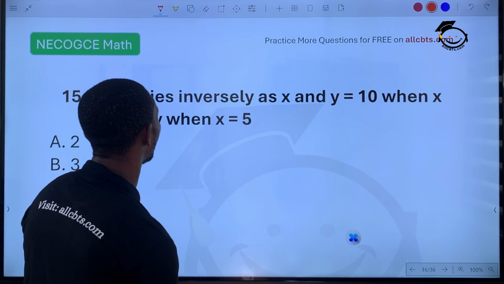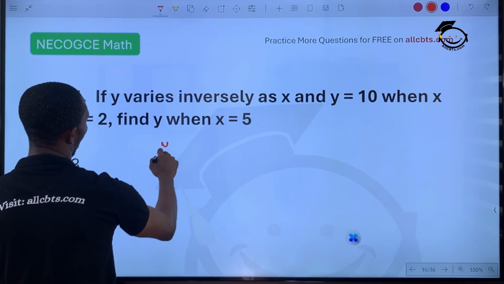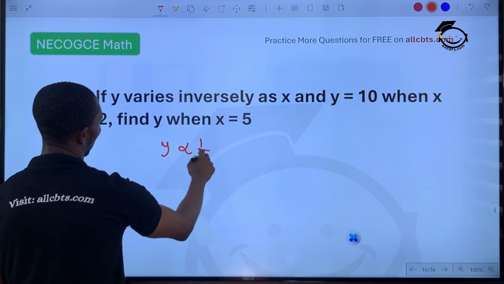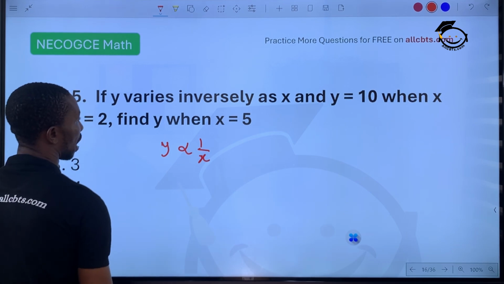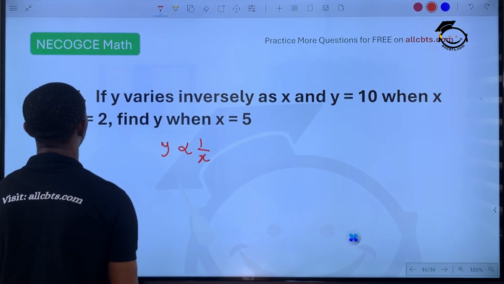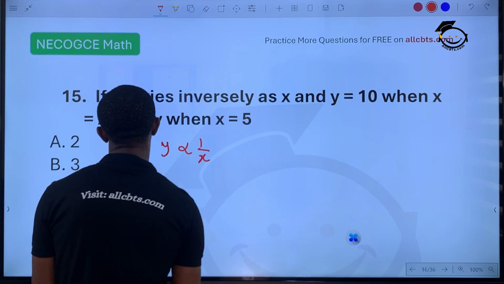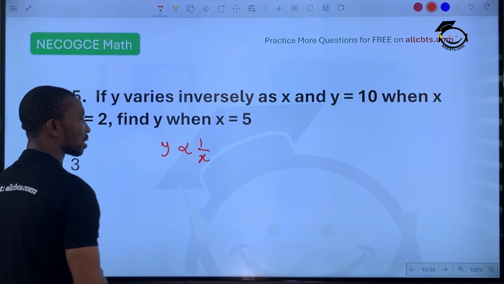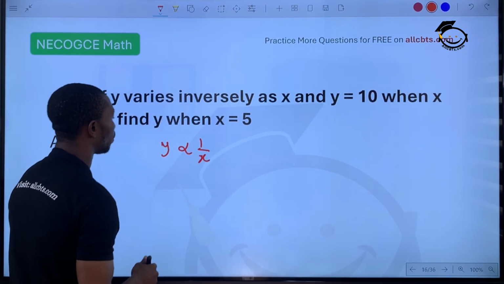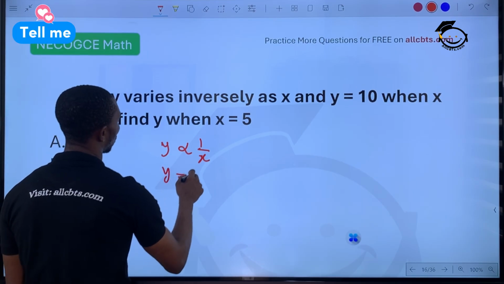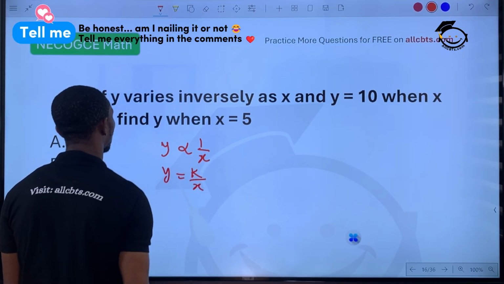If y varies inversely as x, and y is 10 when x is 2, find the value of y when x is 5. Okay, for this, we have to introduce a constant of proportionality. So this becomes y equals k over x.